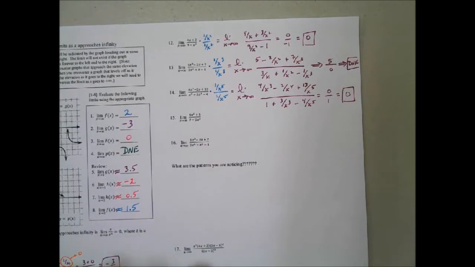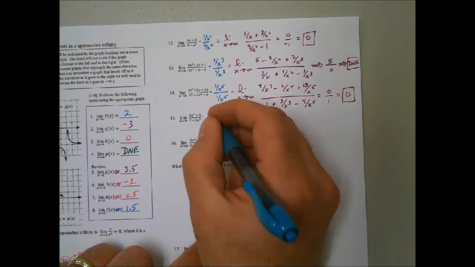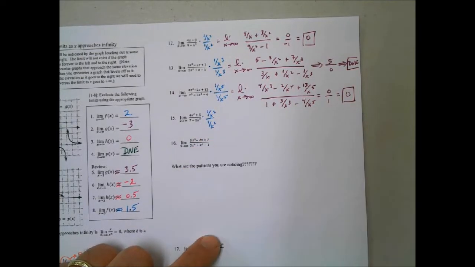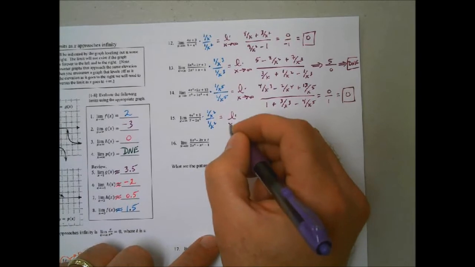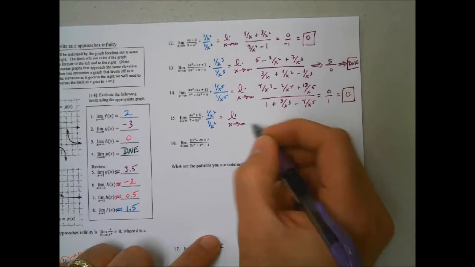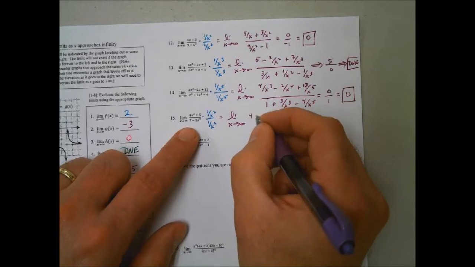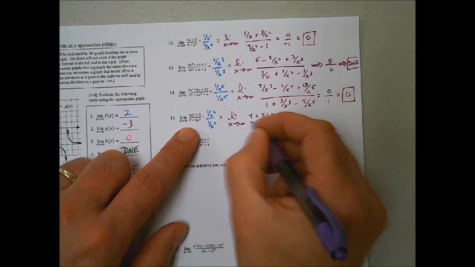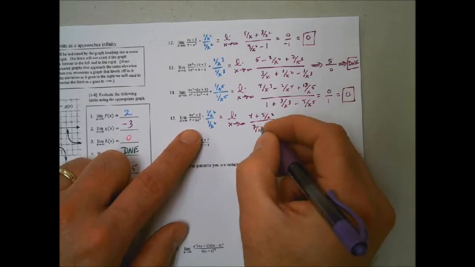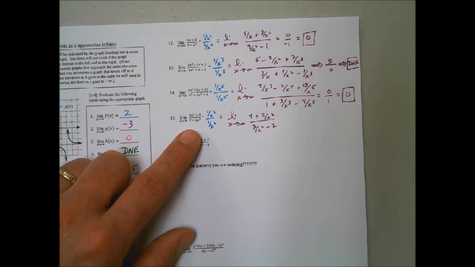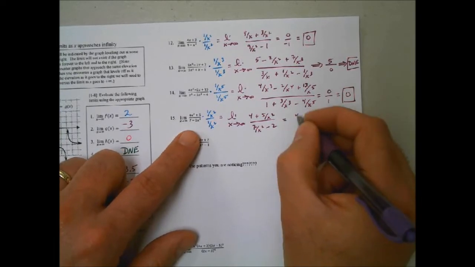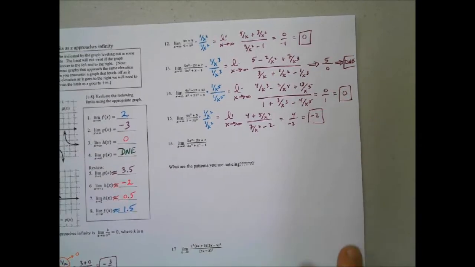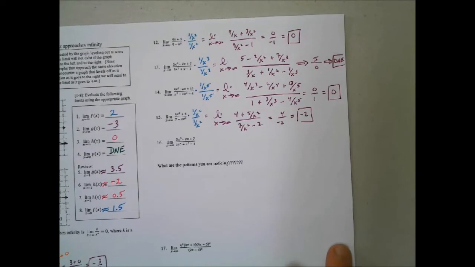So if I'm multiplying top and bottom by 1 over x squared, we do get the limit as x goes to infinity of 4 plus 5 over x squared, all over 7 over x squared minus 2. And that is 4 over negative 2, which is negative 2. Is it what you were maybe thinking?